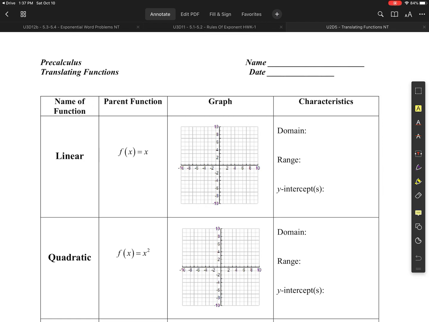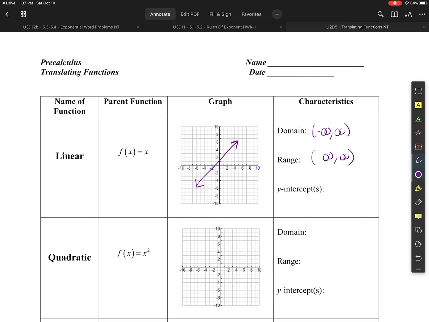So we're looking at types of graphs and then how we move them. Tied in with the domain and range idea we've been talking about, if we have a line, my domain of every line is negative infinity to infinity. My range of every line is negative infinity to infinity.